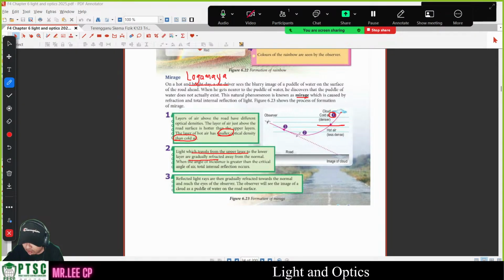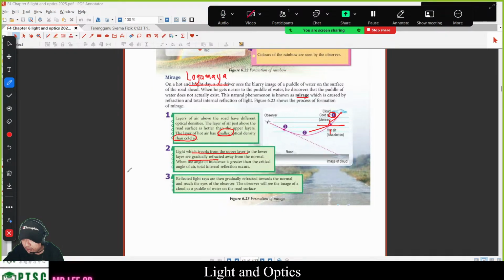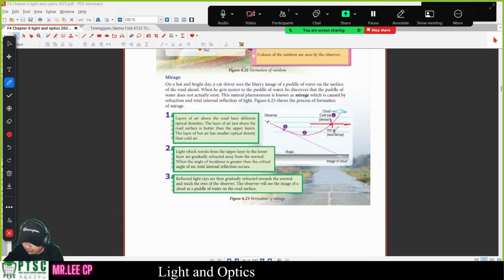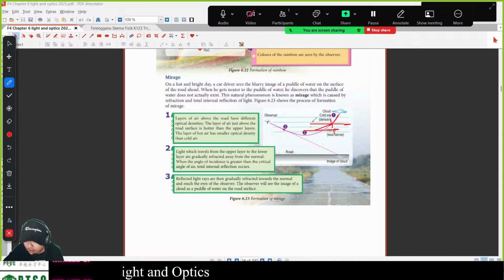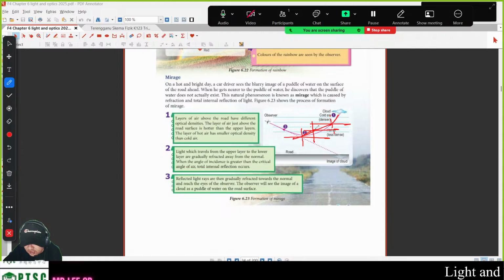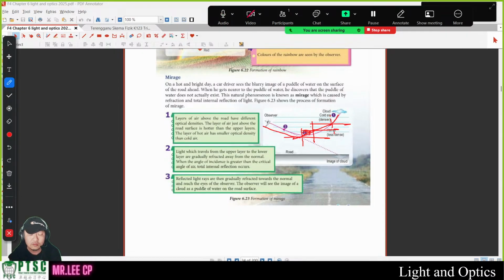So the light comes to here, right? Because of denser to less dense, it goes away. Here, the light travels from here. Let's say this is the normal. It will not go straight. It will bend away from the normal. And then after that, if the incident angle is more than the critical angle, so here the incident angle is already more than the critical angle, total internal reflection is going to happen.